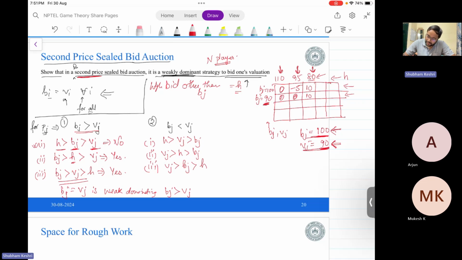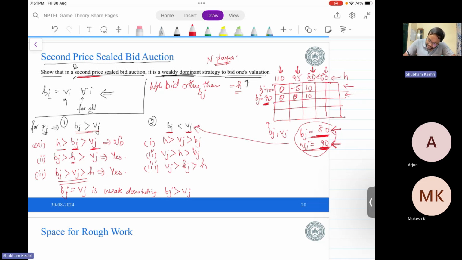We'll have one more condition, which is 60. In this case, when he is bidding 100 and his valuation is 90, this cannot happen, right? So we'll change this also. Suppose this is 80. So when he is bidding 80 and his valuation is 90, this satisfies this condition.